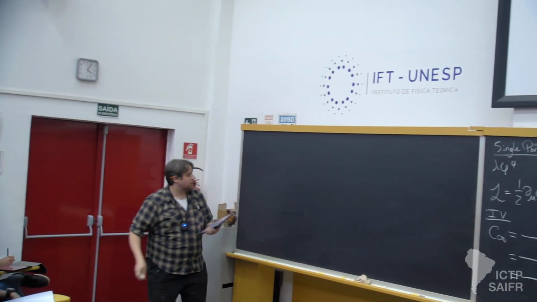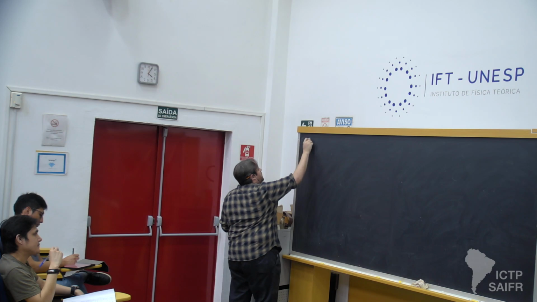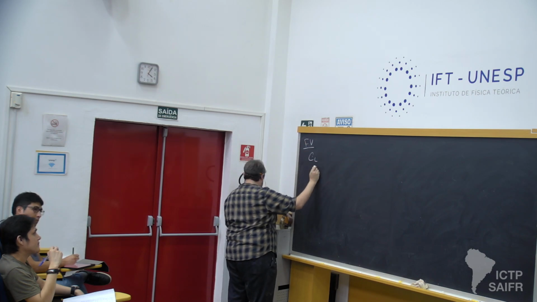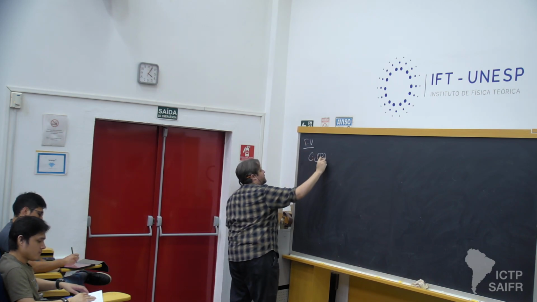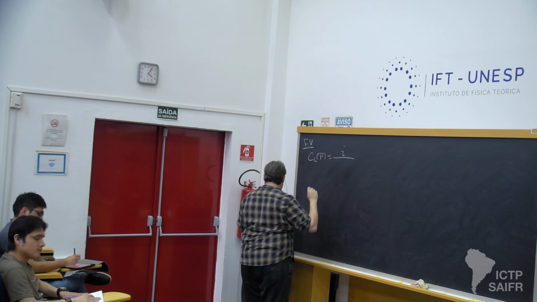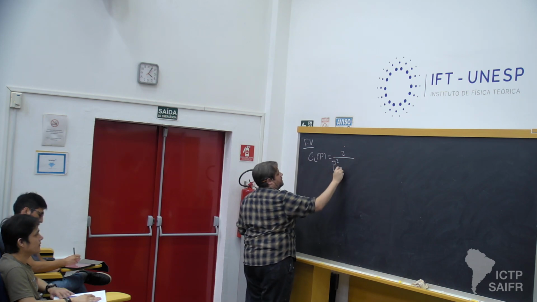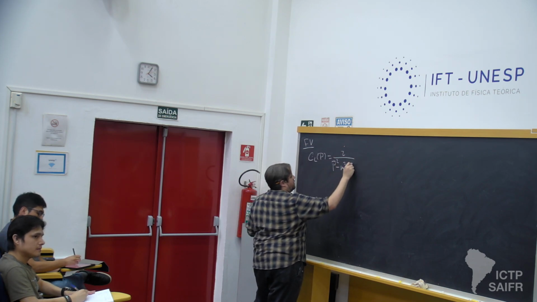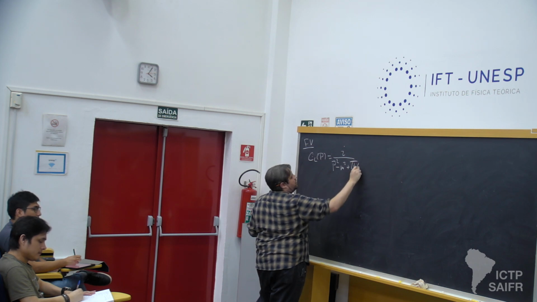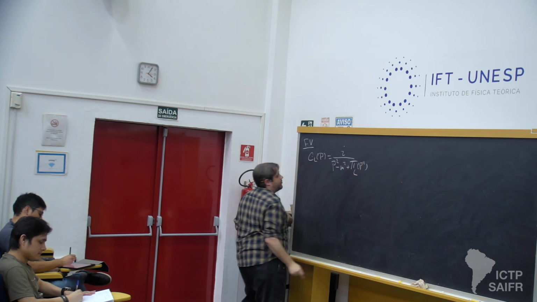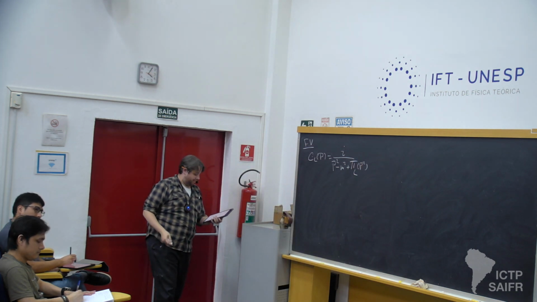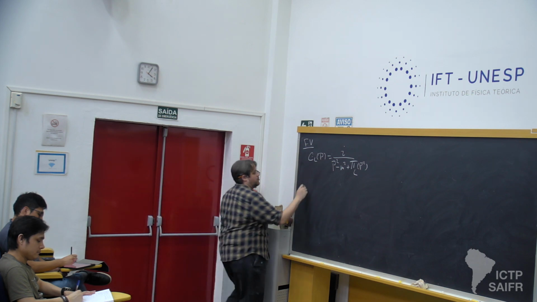So the finite volume Cl of P will have the exact same structure as before, where here now I write pi sub L to be the finite volume version.